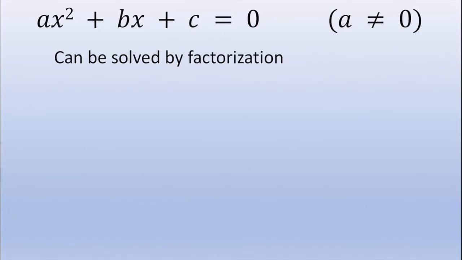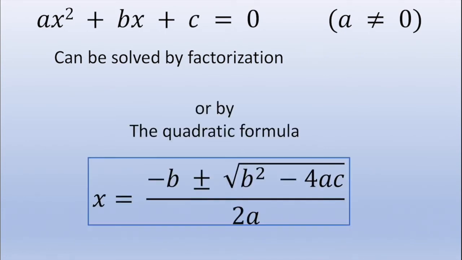Alright, when we look at ax squared plus bx plus c equals 0, sometimes it cannot be solved by factorization. So we can use completing the square, or use the quadratic formula, which is this formula over here. Very important for you to know this. You don't need to memorize it.